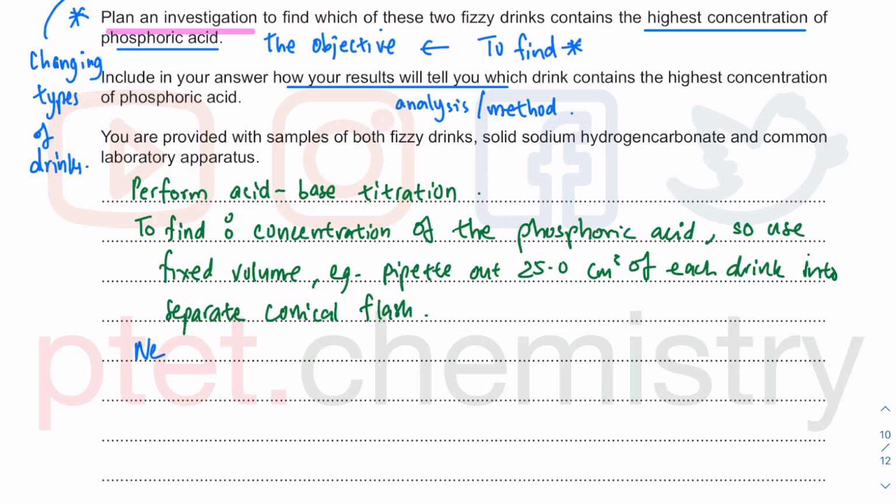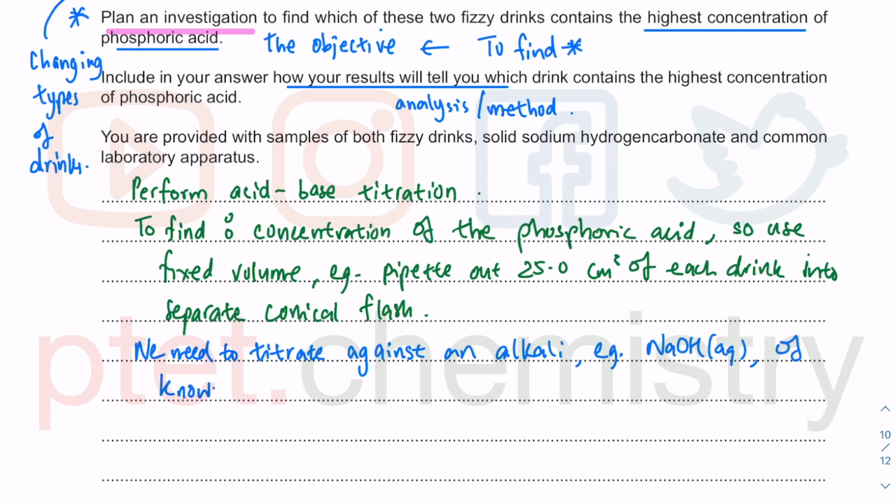We need to titrate against an alkali. So acid plus alkali, acid plus base. For example, NaOH aqueous of known concentration. You must know this concentration, otherwise you don't know the moles that you're going to use. So for example, 2 mol per dm³ or 1 mol per dm³ concentration. Fill a burette with this NaOH.